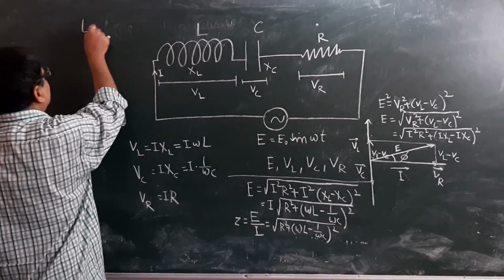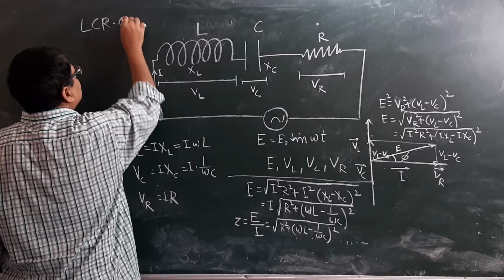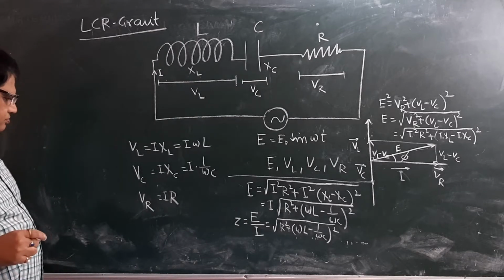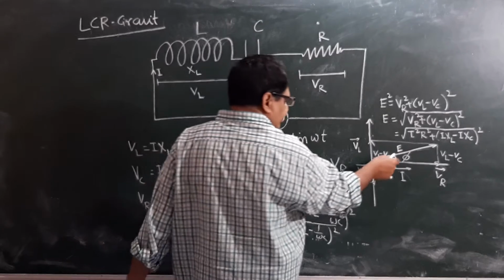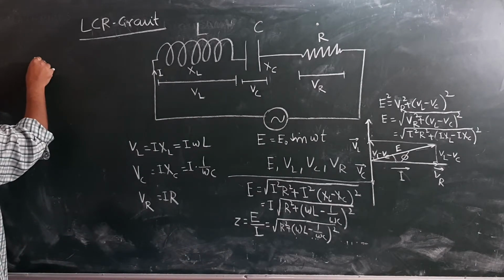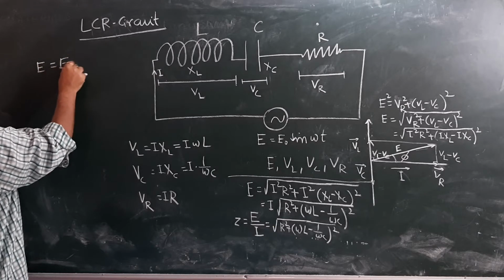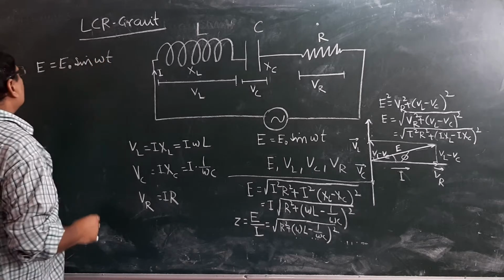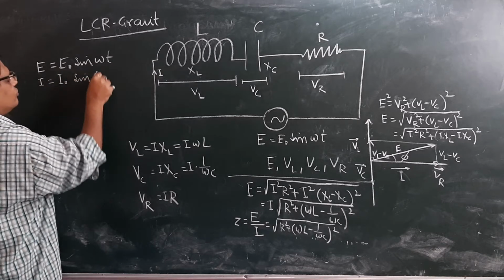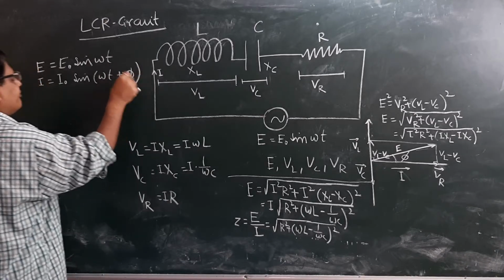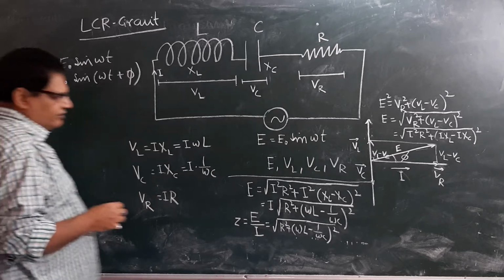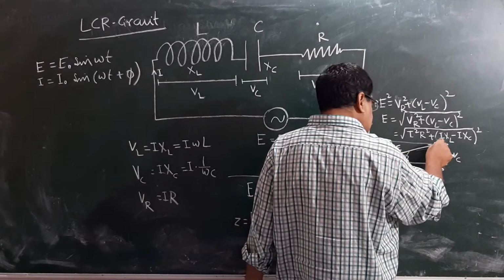So in this LCR circuit, we can find out what is the phase angle between E and I. So E is given as E is equal to E naught sine omega t, and I is given as I naught sine (omega t plus phi), where phi is the angle between E and I. From this diagram we can write that tan of this angle is equal to this side upon this side.